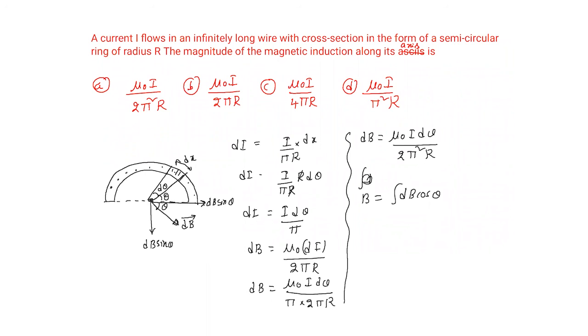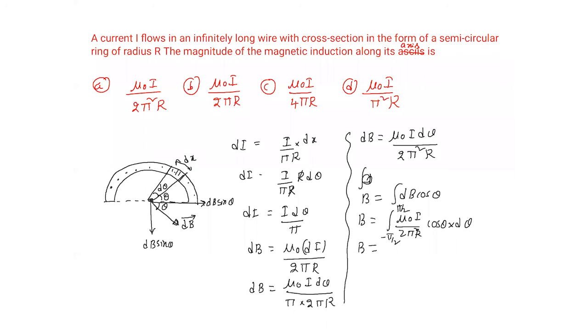So B is equal to the integral of dB, which is mu naught I by 2 pi square r cos theta into d theta, with limits minus pi by 2 to plus pi by 2.